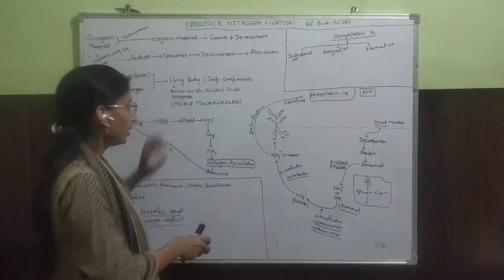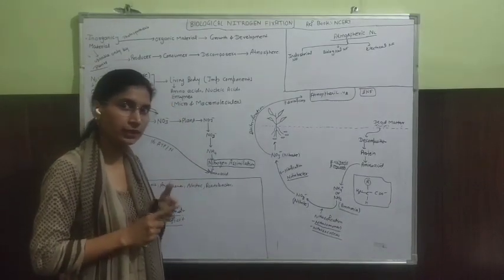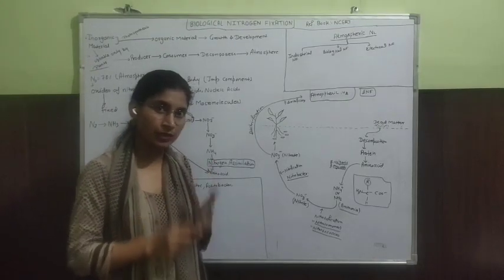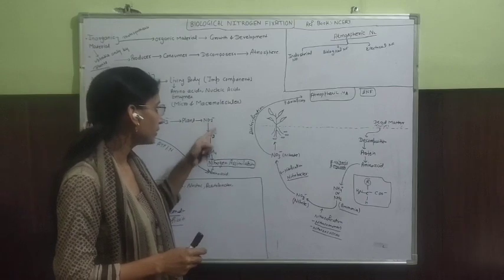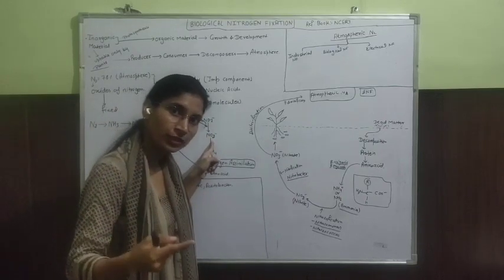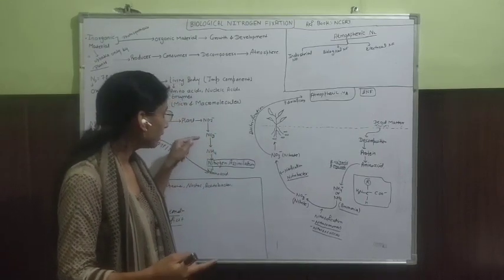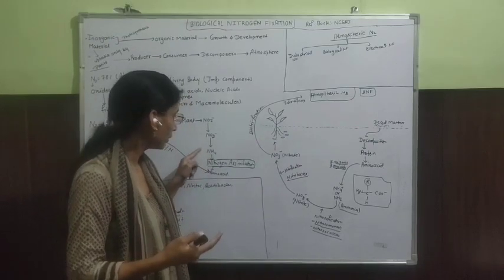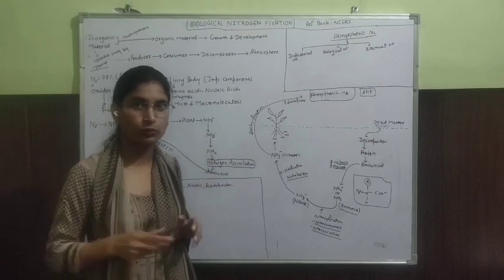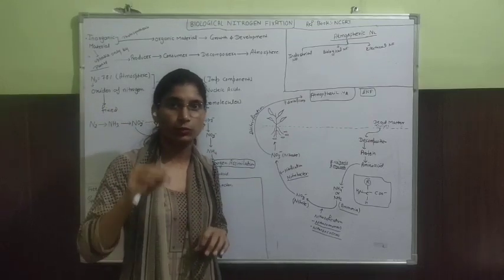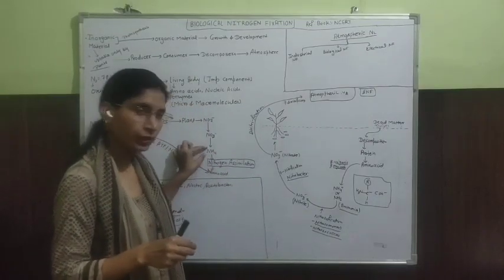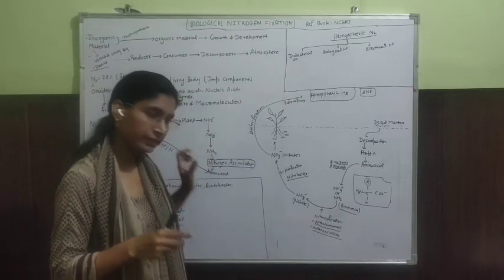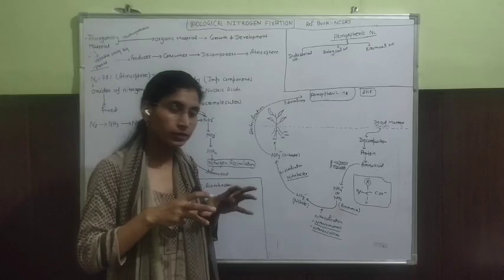After nitrate enters the plant body and the plant cell, it is again converted into nitrite, and then nitrite is further reduced into ammonia, because at physiological pH this ammonia is present in the protonated form, that's why it is NH4. After that, the plant consumes it.